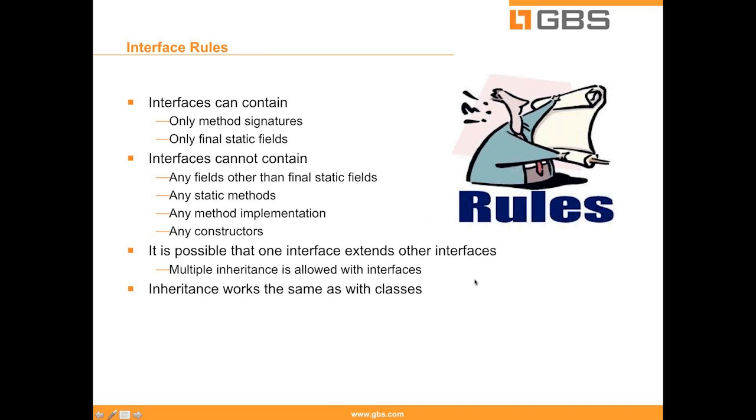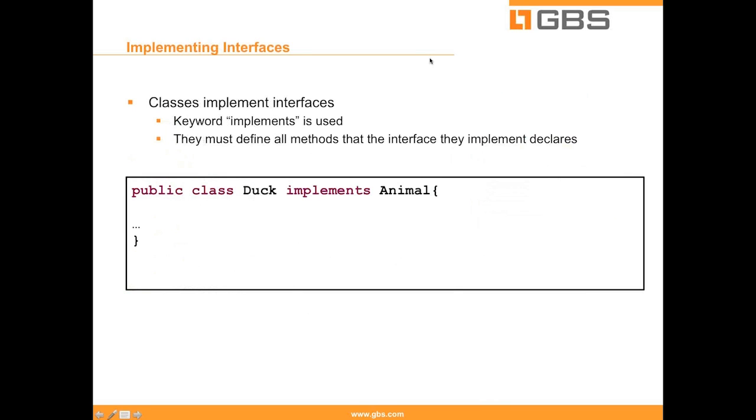It's also possible that one interface extends another interface. And this is really where we get into, again, the hierarchical structure and nature of Java, where I can implement an interface that's an implementation of another interface. And then inside the class that uses the interface, I can call, or have access to, all of the methods and field definitions of those two interfaces. Okay? Inheritance works the same as with classes.